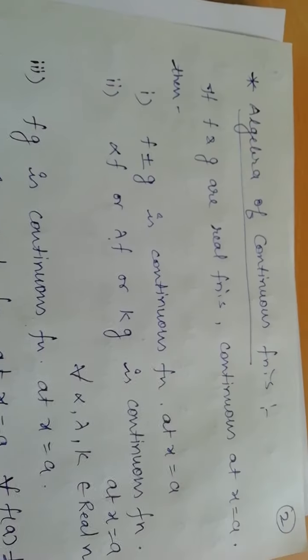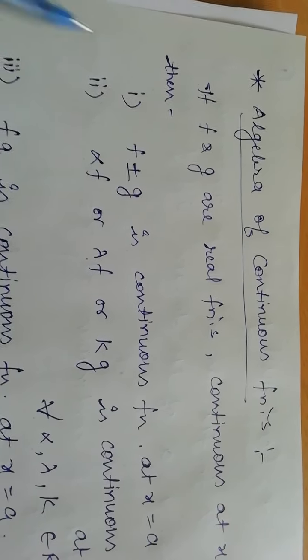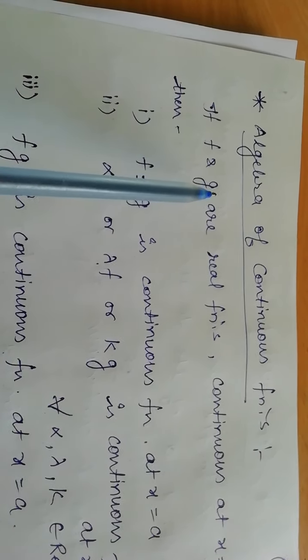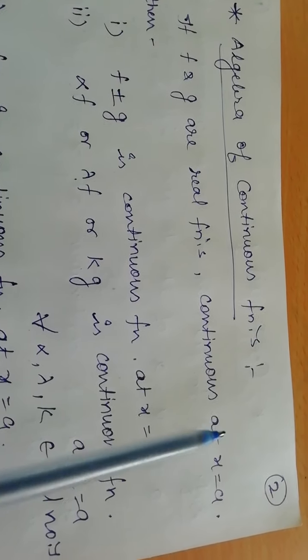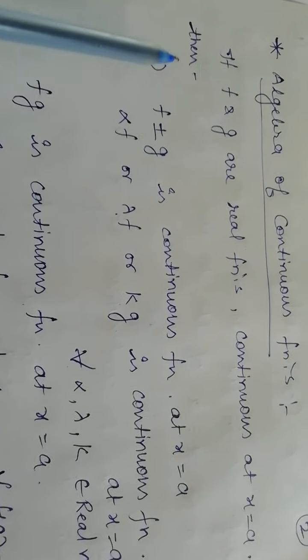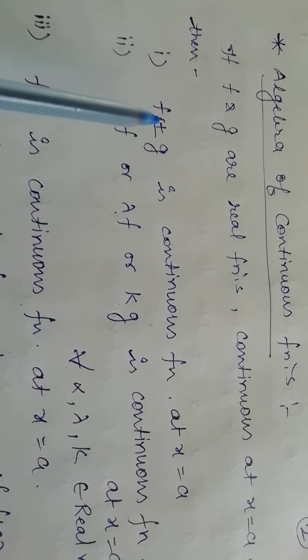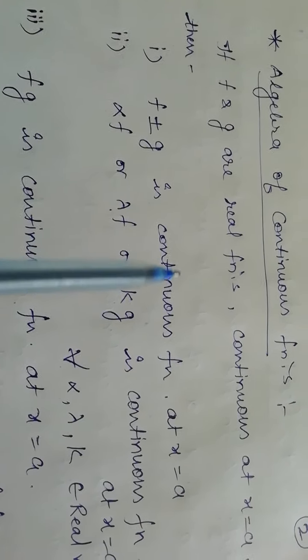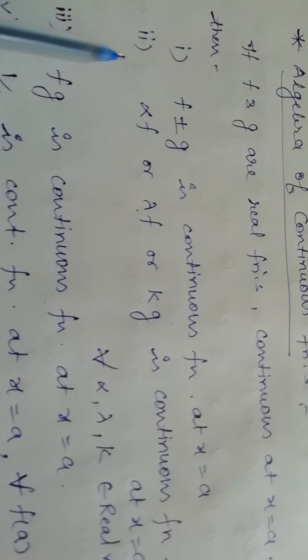Dear students, now the another part in this topic is what? Algebra of continuous functions. If f and g are real functions and continuous at x is equals to a, then the sum of two functions or difference of two functions both will remain continuous at x is equals to a.